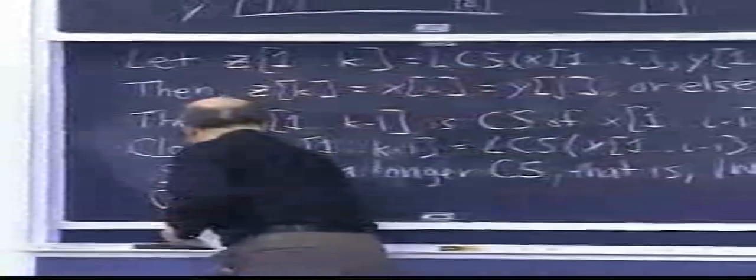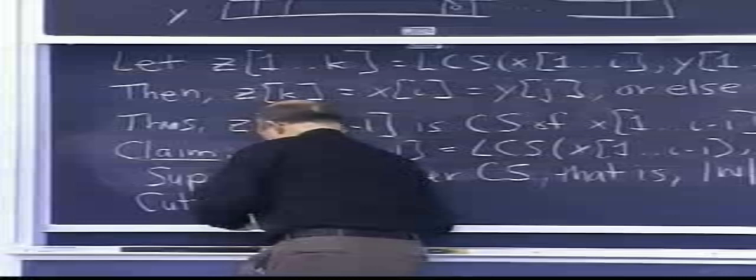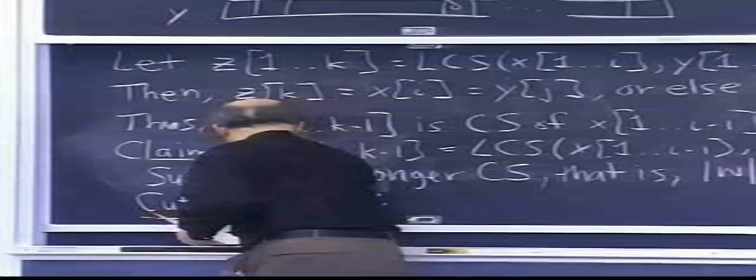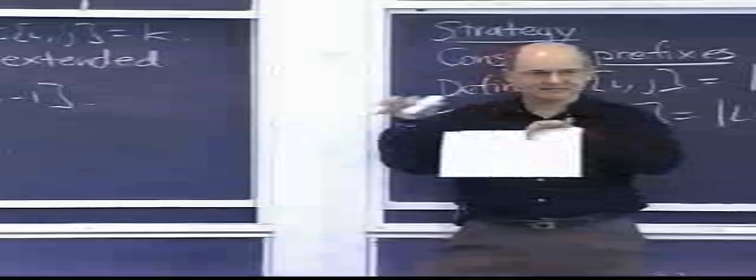Right, you can just add the kth element onto the other one. So this is an argument that we're going to see a lot of. It's called a cut and paste argument, which is to say you glue things together, a piece of this and a piece of that.